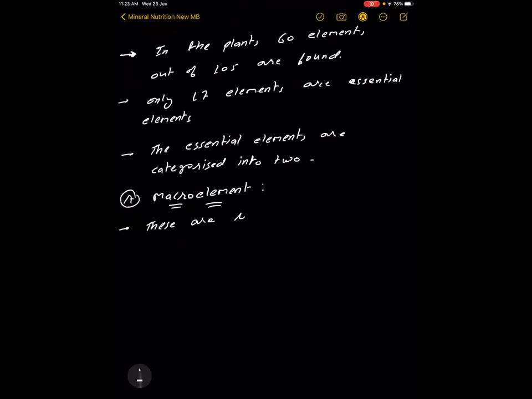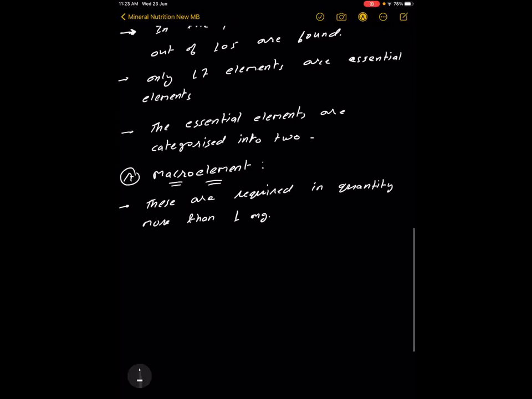Macro elements are essential elements required in quantity more than 1 milligram.